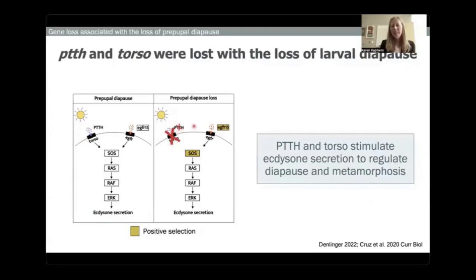Interestingly, these two genes are lost in every species for which larval diapause has been lost, except for one. And when we see that loss, it's concomitant with signatures of positive selection on this alternative tyrosine kinase pathway that also stimulates ecdysone secretion.